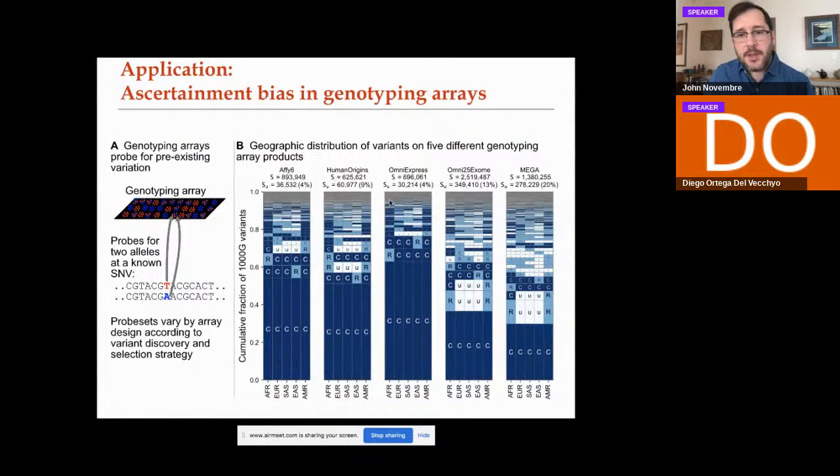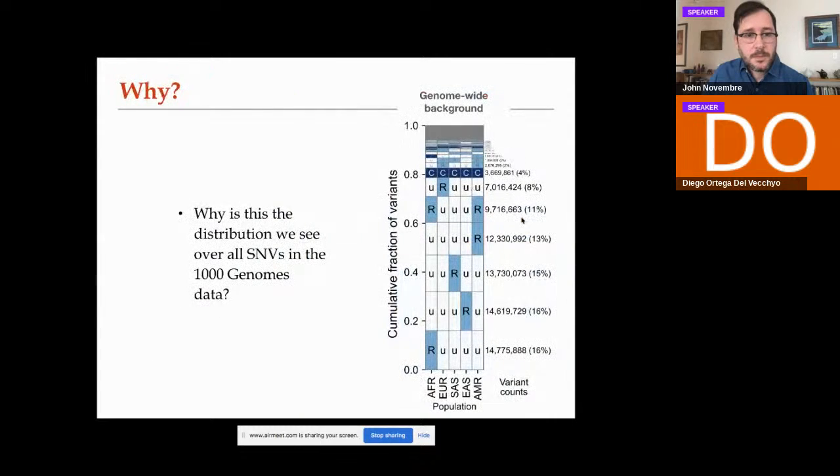You can see that many of the arrays are highly enriched for common variants, and that the arrays differ slightly in how much variation they cover from different parts of the world. The Omni array has the most rare variants in non-European ancestries, because it's the multi-ethnic genome array. It was developed precisely to help get a broad distribution of variants that are more distributed across the world.